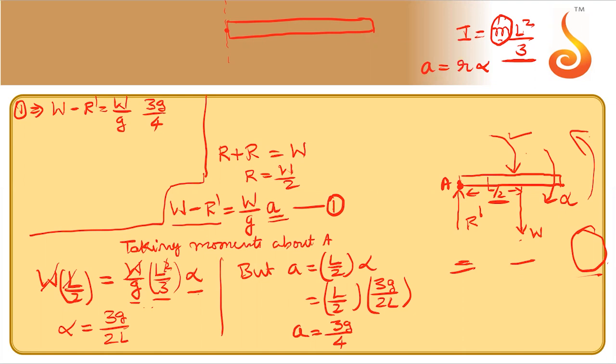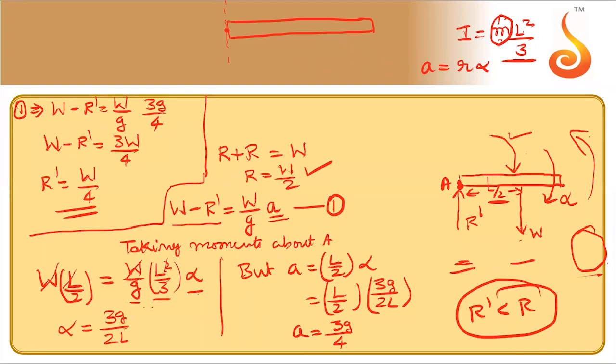So W minus R dash equals 3W by 4. So R dash is equal to W by 4. This should be the answer. Originally it was W by 2, so R dash is less than R. That must be option C. So it will decrease.